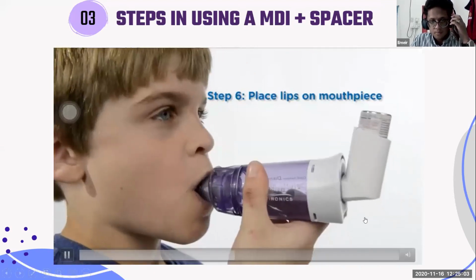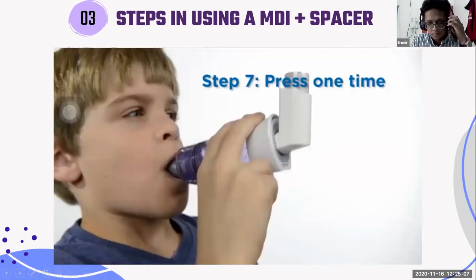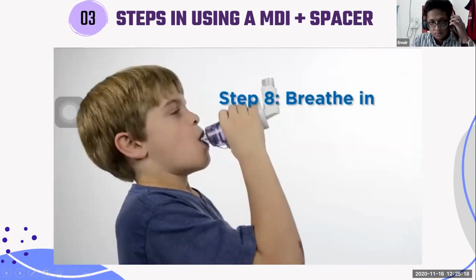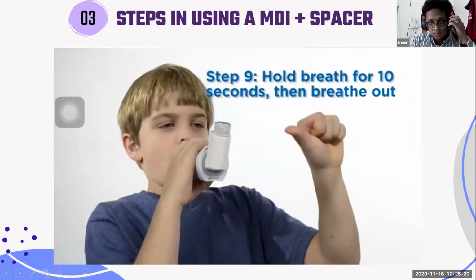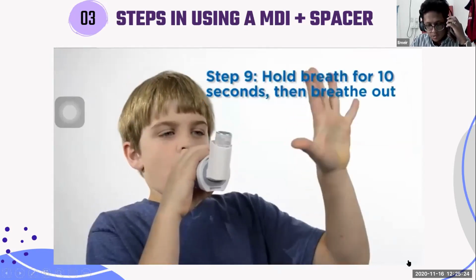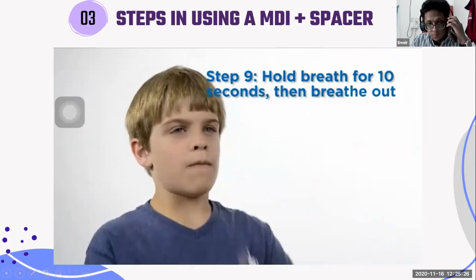Press the top of the MDI so it sprays into the chamber. After spraying the MDI into the valved holding chamber, breathe in slowly and deeply. Hold your breath for 10 seconds, then breathe out normally. Only press one time. Wait 1 minute and repeat as prescribed for a minimum of 2 puffs.